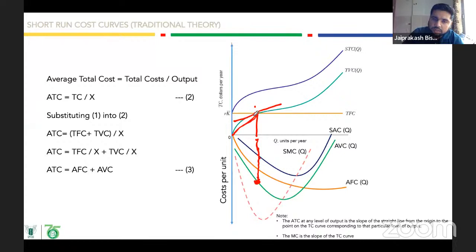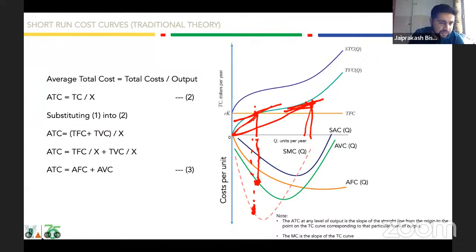It will give you a point here. You see here, if I take this point, the slope of this is less, but the slope of this is a little bit higher. So initially the average variable cost is higher than your marginal cost.